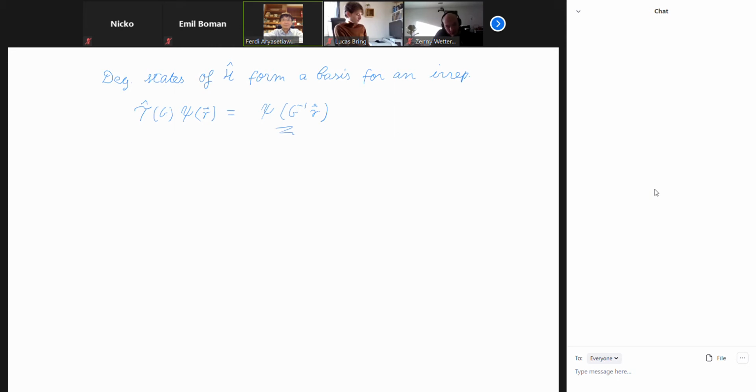So this means that if I take one of the eigenstates, then that should be expandable as a linear combination of the other degenerate eigenstates, like this.